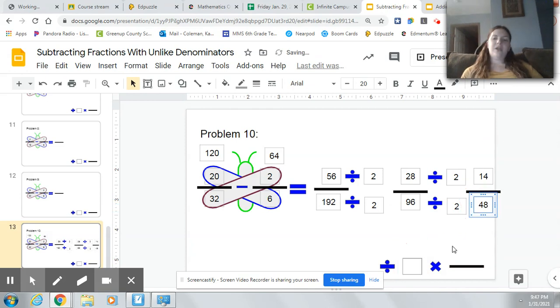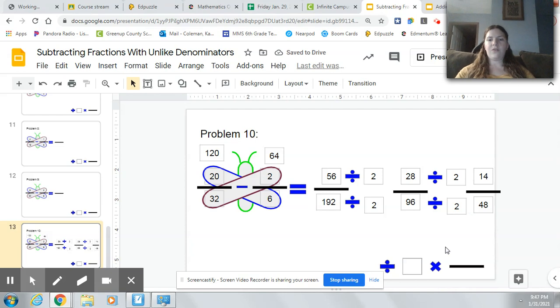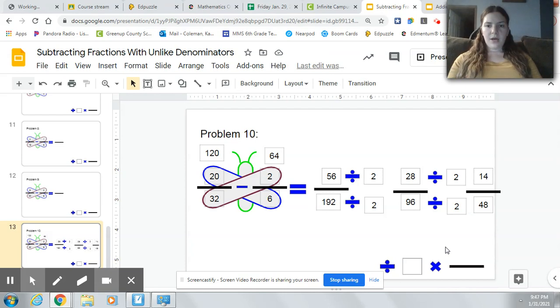And one other thing to know is you can find larger numbers that they have in common. If you could have thought of another number that could go into both 28 and 96, you could have divided by a larger common factor. 2 is kind of just the easiest one because we know it's even, we know it's divisible by 2.